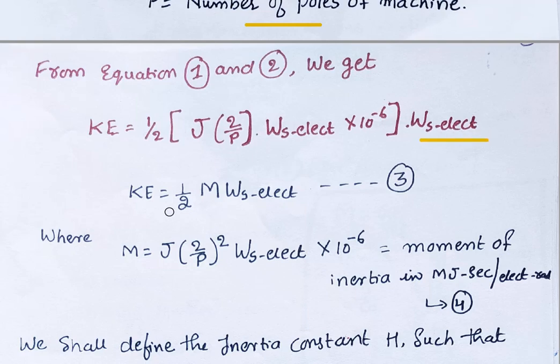Now I will take this whole term as M, not J. What is M? I will explain. Now Ke equals half M omega S electrical squared. Let us say this is equation number 3.